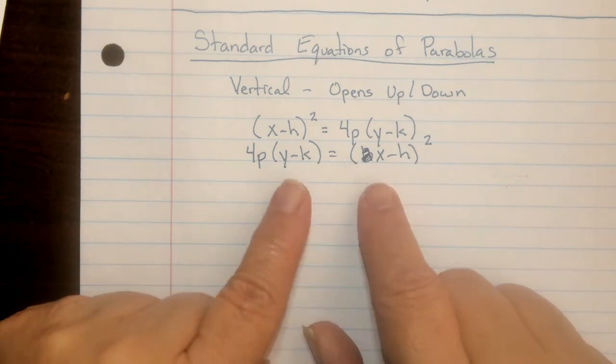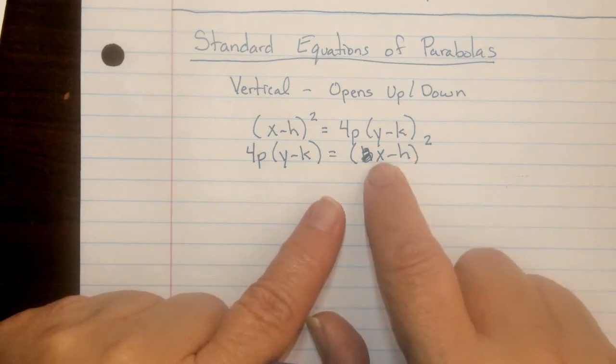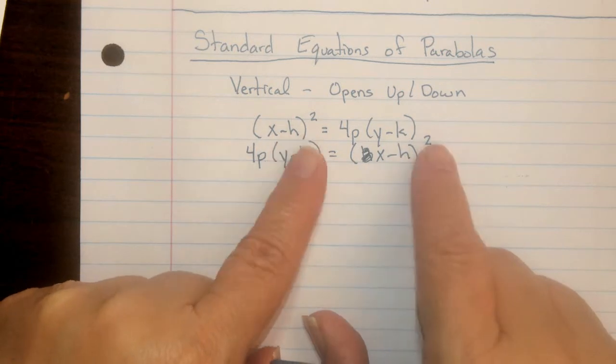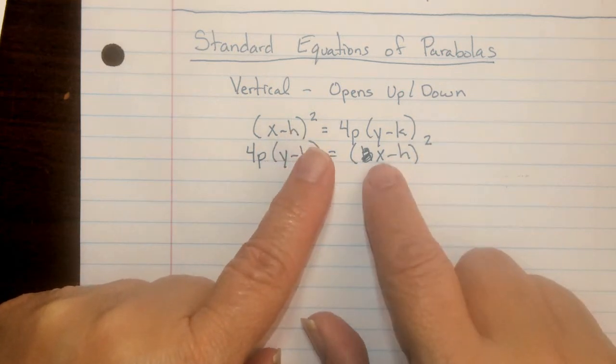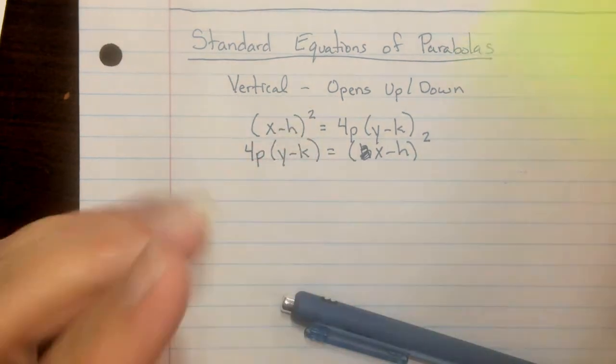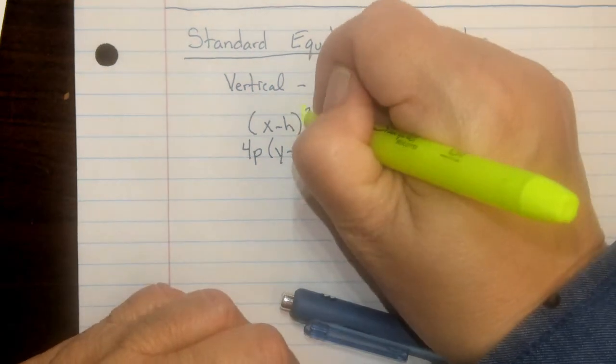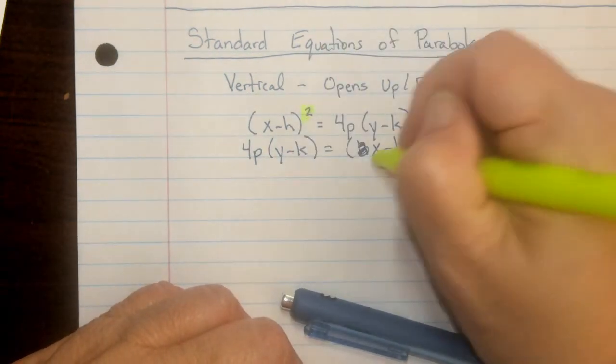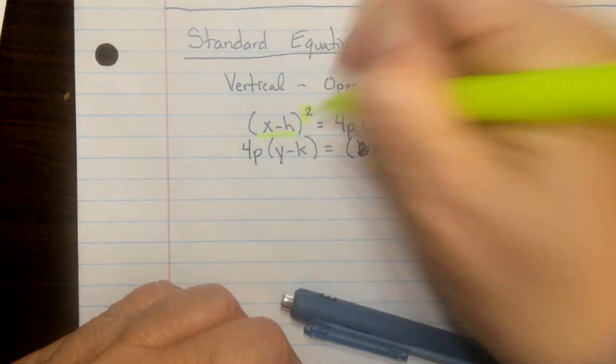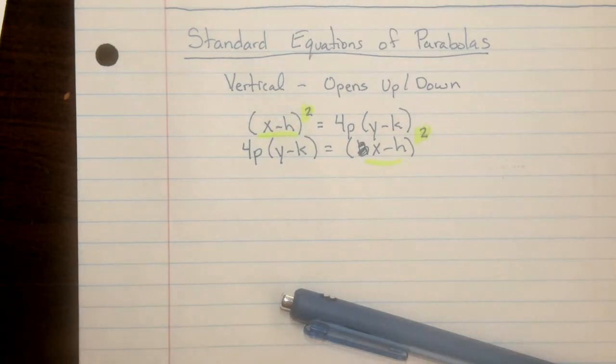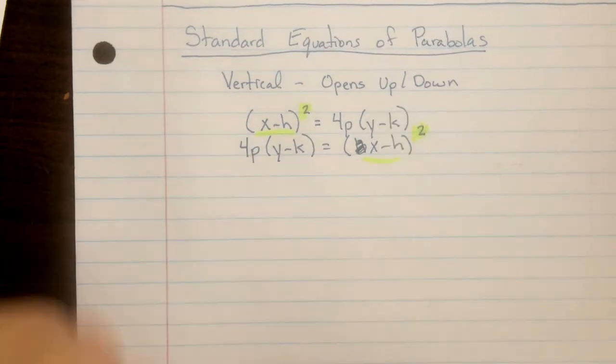But what you're going to notice here is that the x is the variable that's getting squared. That's what you want to pay attention to: that little square is there with the x minus h. The y does not have a square on it.